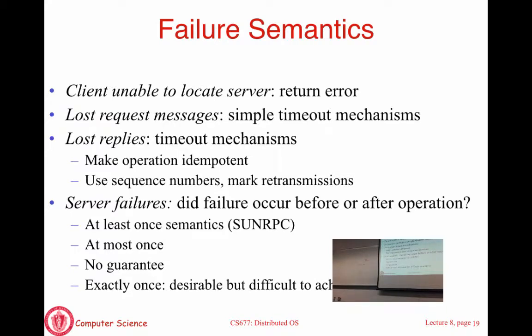I'm just making up a very simple, somewhat contrived example, but that should give you a sense of what idempotency means. Now let's assume that if the request was lost, you are simply going to time out and send a request again. That's not a problem, because the request never reached the server. However, if the reply was lost, it means that the server actually executed your call. Only the return direction packet got lost.